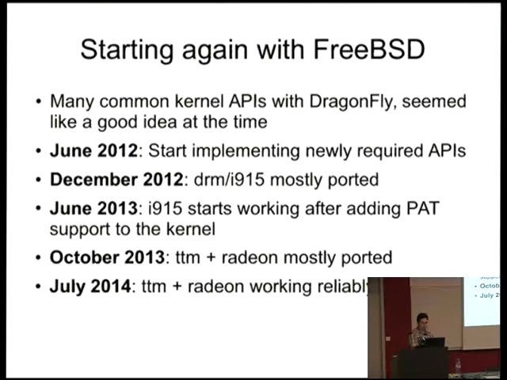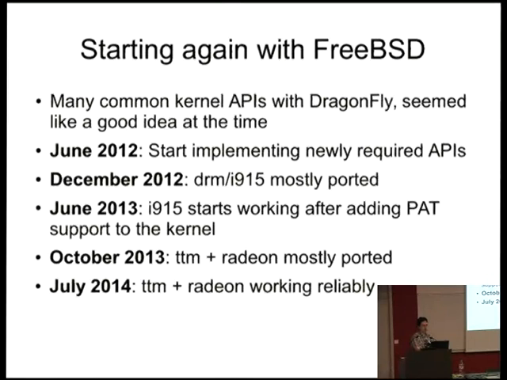So, in 2012, I had to buy a new desktop machine, an Ivy Bridge system, and I couldn't get i915 graphics working. So it was a good time to start again.